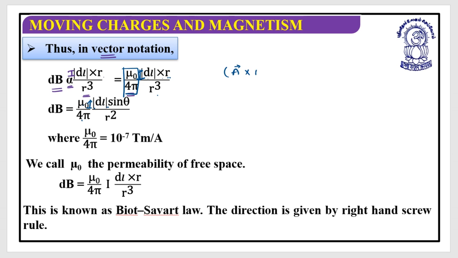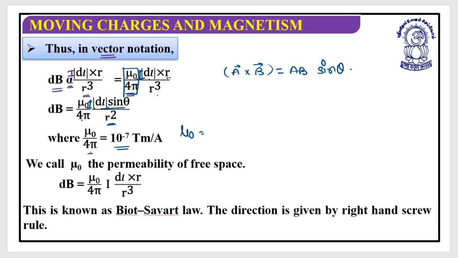A cross B can be written as AB sine theta, that you know. So from this, dl cross r can be replaced by dl sine theta, divided by r square. Now what is mu naught by 4 pi? Mu naught by 4 pi is 10 to the power minus 7.